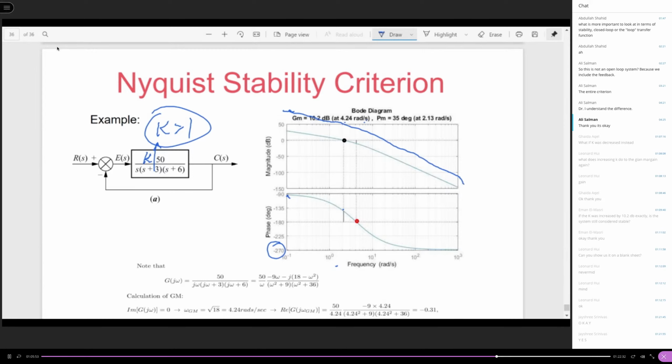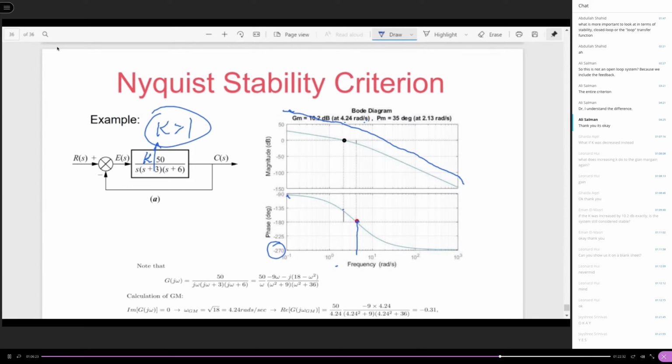Will the phase plot be changed? No, the phase plot stays the same. You keep increasing the magnitude plot, and the phase plot does not change. So that is why the gain margin crossover point, this 4.24, will not be changing, because the phase plot stays the same and the magnitude plot is going to be raised up.